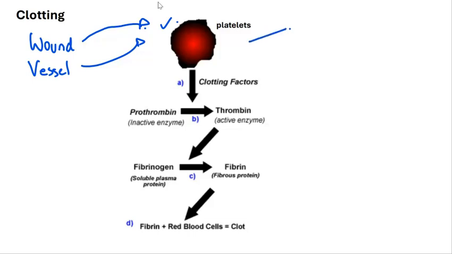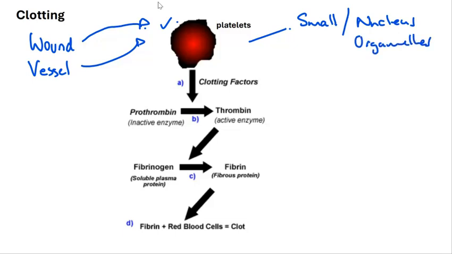Now, the platelets are not typically cellular, they're quite small, and they have no nucleus, cell membranes intact, the organelles are greatly reduced.